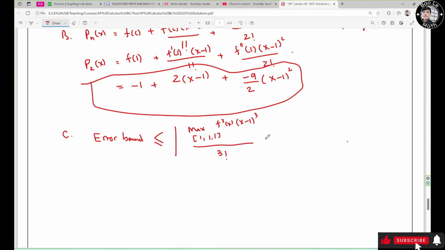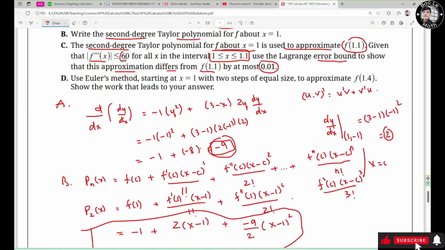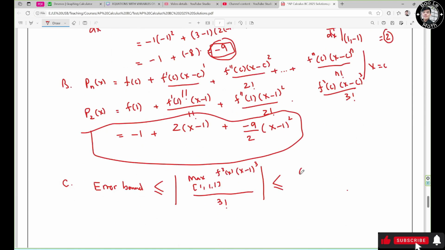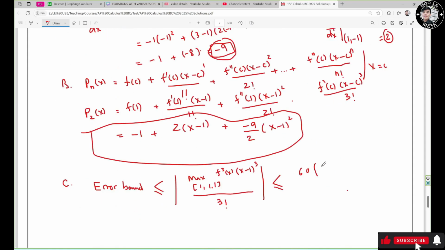Which means we take f triple prime of c times (s minus c) to the power of 3 over 3 factorial, and this factor is less than or equal to 60. So we have 60 times (1.1 minus 1) to the power of 3 over 3 factorial, which is 6.